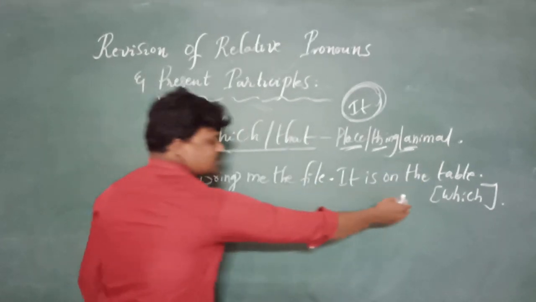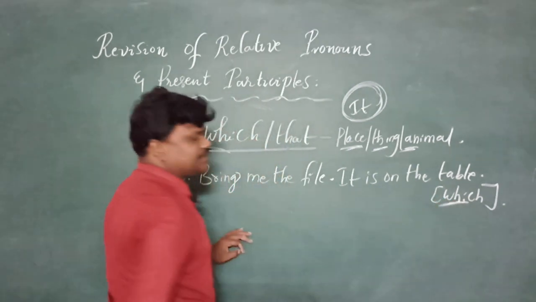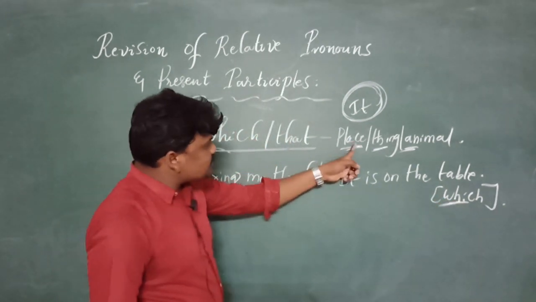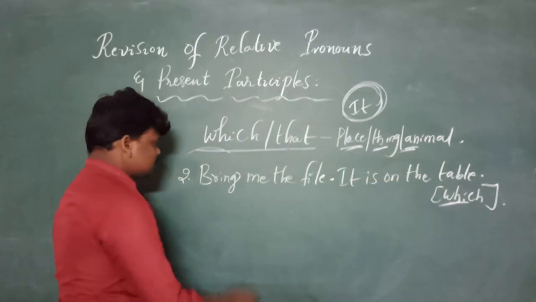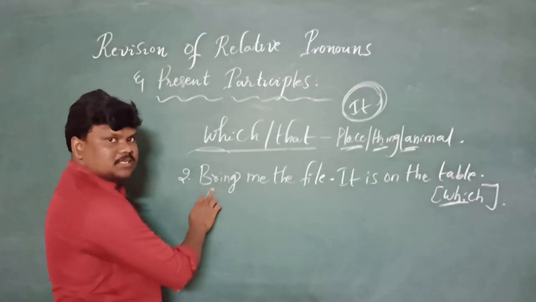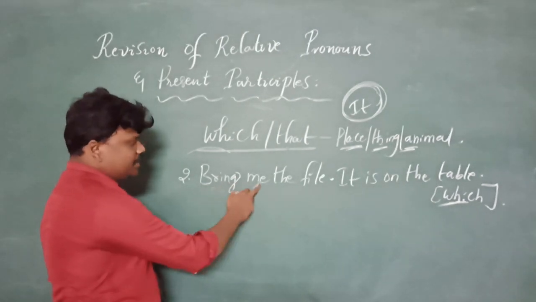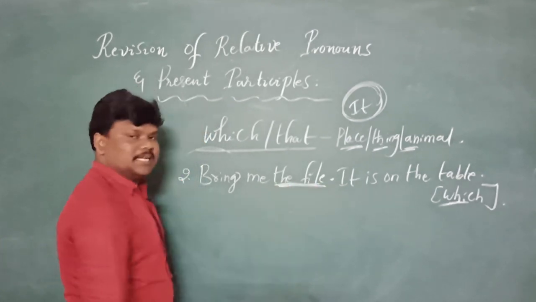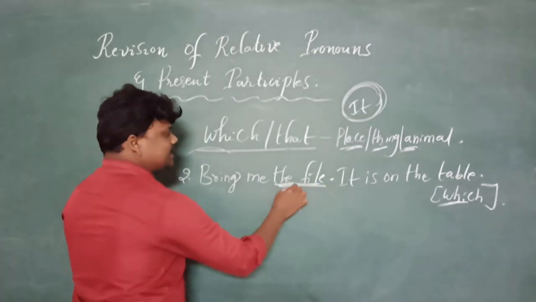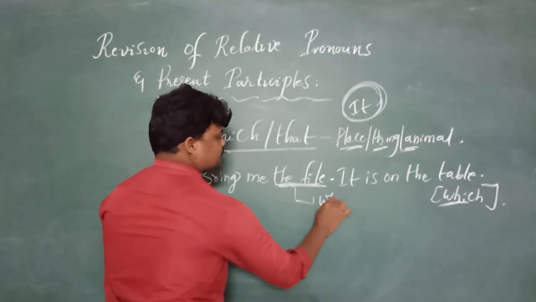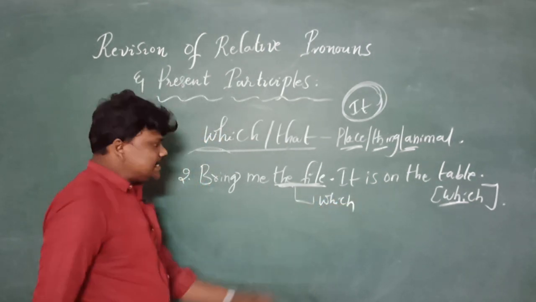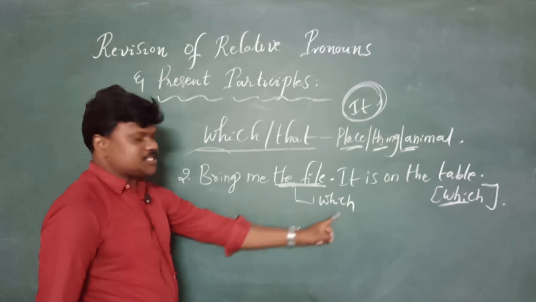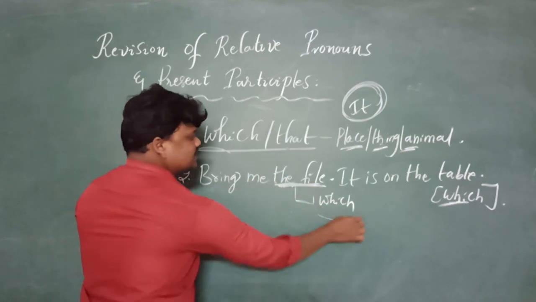So as the instruction was given to you to combine with which, we need to identify the place, thing, or animal in the first sentence. Do you think bring is a person, thing, place, animal? No. Me? No. The file? Yes. As the file is a thing, this thing immediately follows which: bring me the file which.